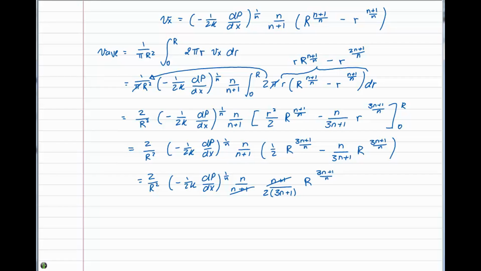This expression can be simplified. The two n plus 1s can be cancelled out, and the 2's as well. In the first term, we also divided by R squared, so we can add that to the power of the big R at the end.